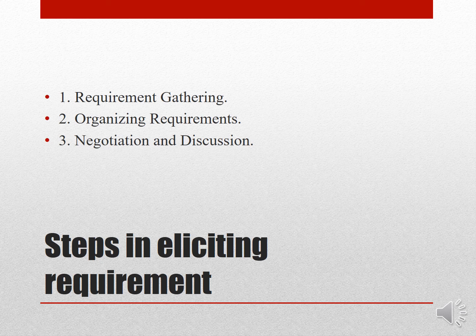The requirements come from various stakeholders. To remove the ambiguity and conflicts, they are discussed for clarity and correctness. Hence, unrealistic requirements are compromised reasonably. So this is a very crucial and important step in eliciting requirements.